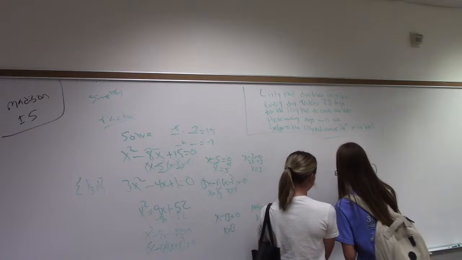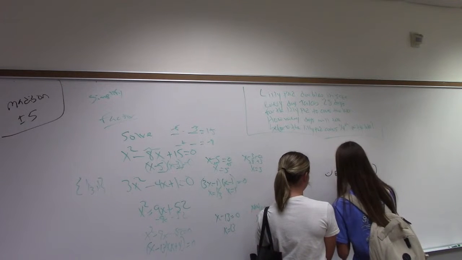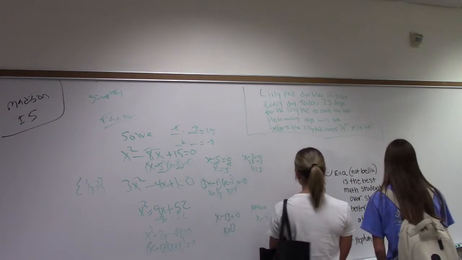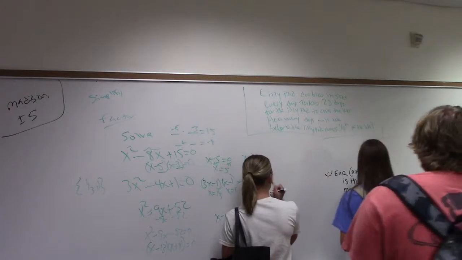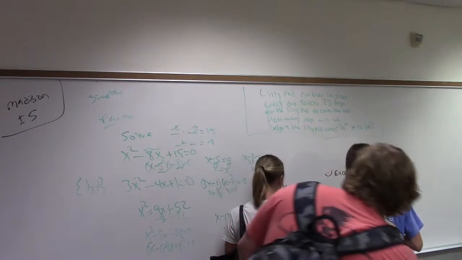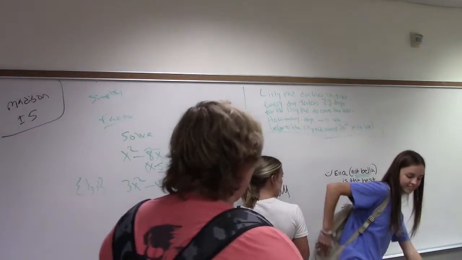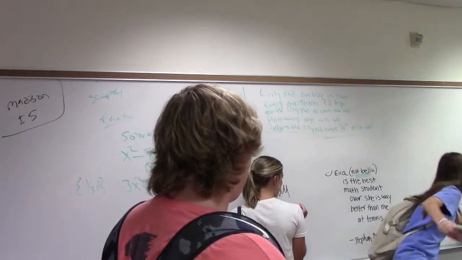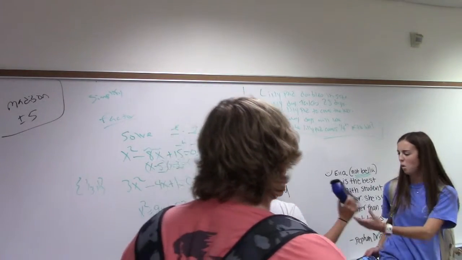That's way too pretty. If you factor this, it's x minus 11, x plus 2. So when you solve it, you get 11 and negative 2, which changes that whole thing.